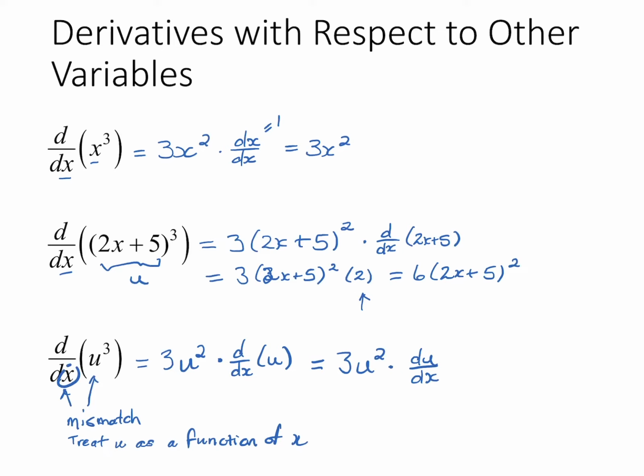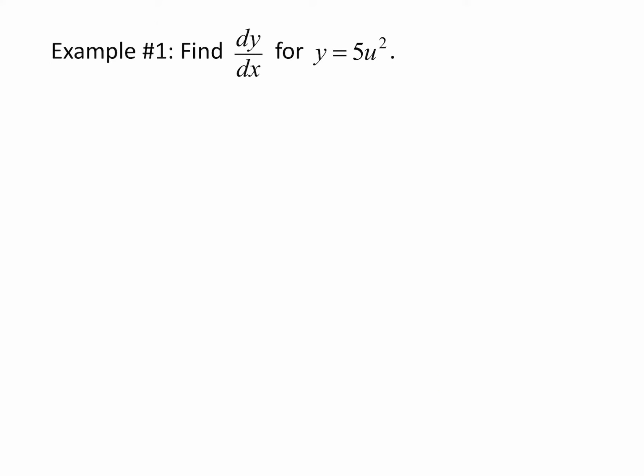So let's take a look at some more examples. So let's say we want to find dy/dx for y equals 5u squared. So again, we're taking the derivative with respect to x, and our function is a function of u, but we are going to treat u as if it is a function of x.